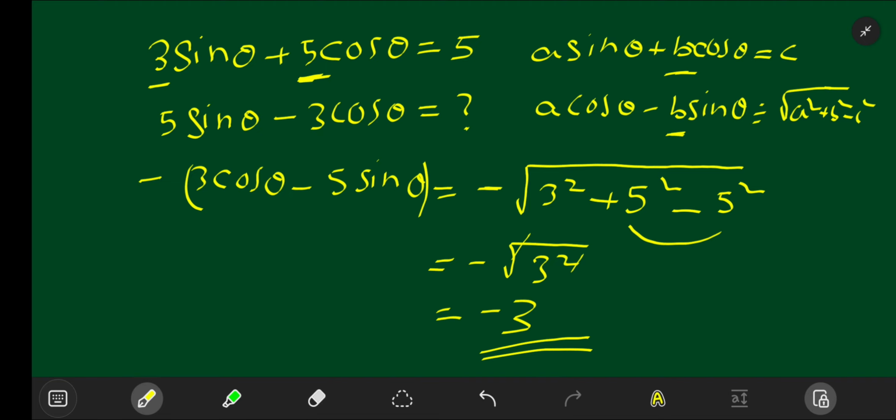Let's go with the next concept. Sin theta ranges from minus 1 to plus 1.